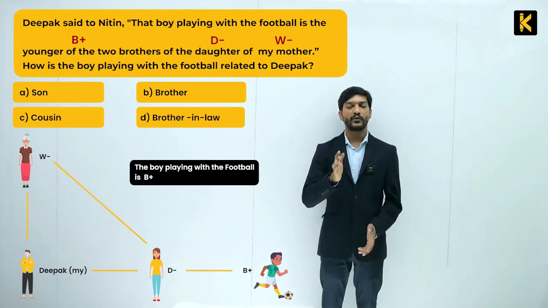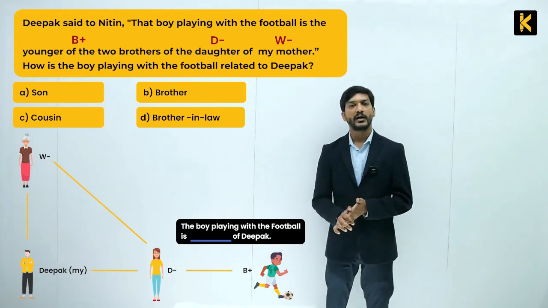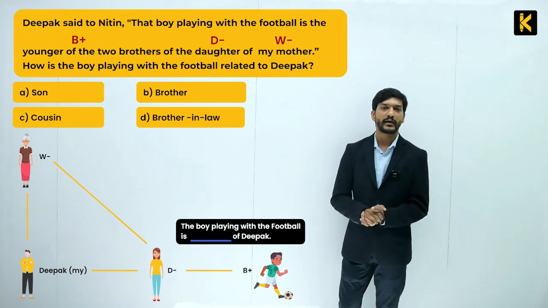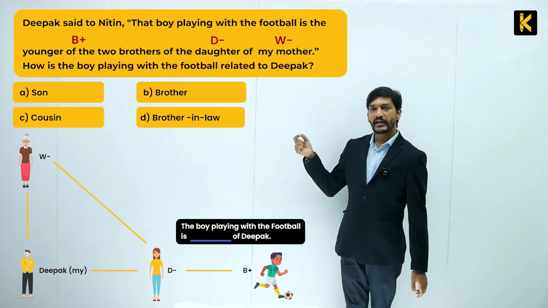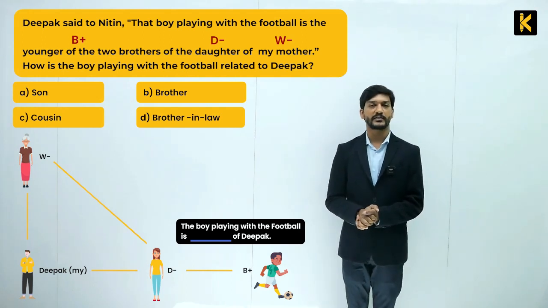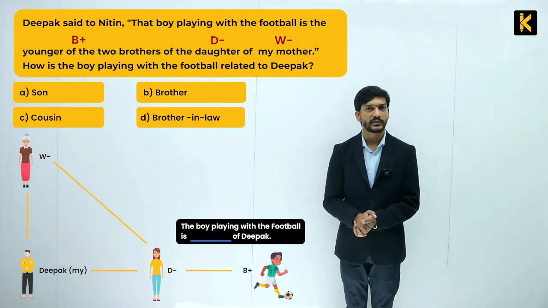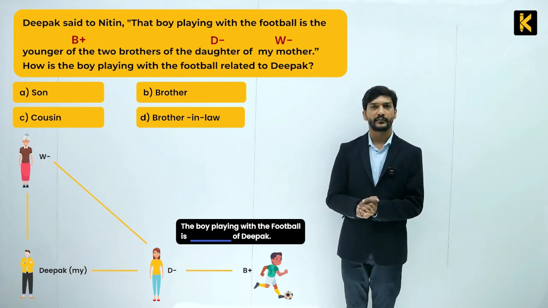Now we have to answer, how is the boy playing with the football related to Deepak? This D minus has two brothers, Deepak and B plus.